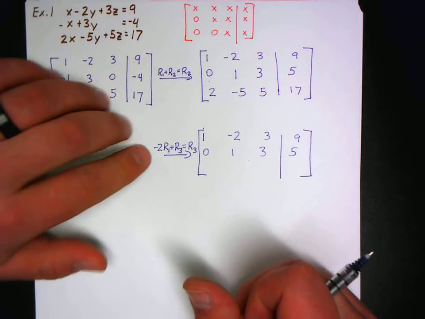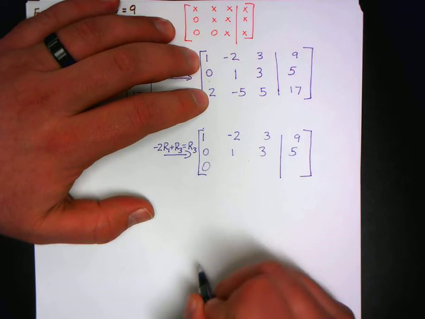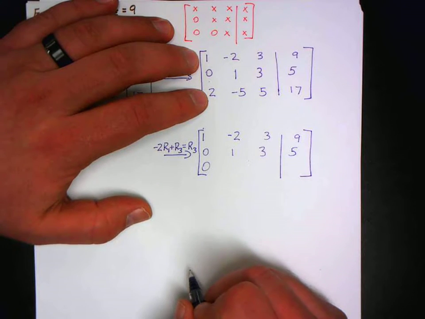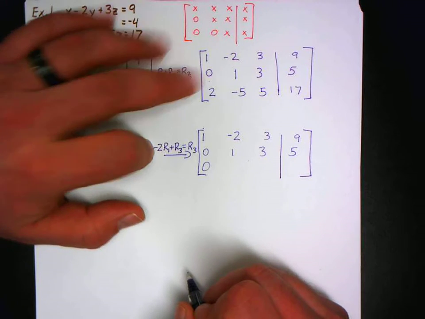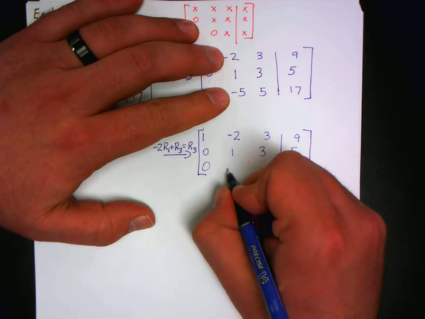Okay, so negative 2 times 1 is negative 2 plus 2 is 0. Although I think I know what you're talking about. Okay, negative 2 times negative 2 is 4 plus negative 5 is negative 1.